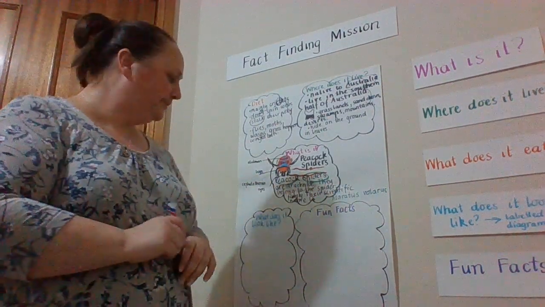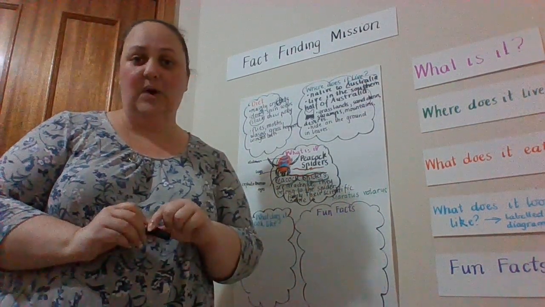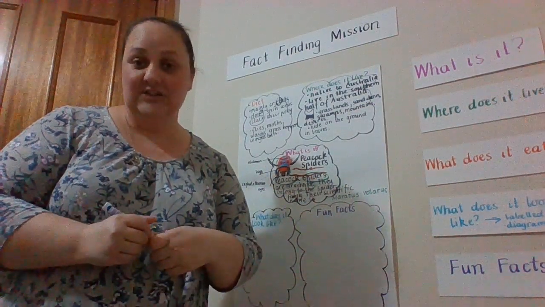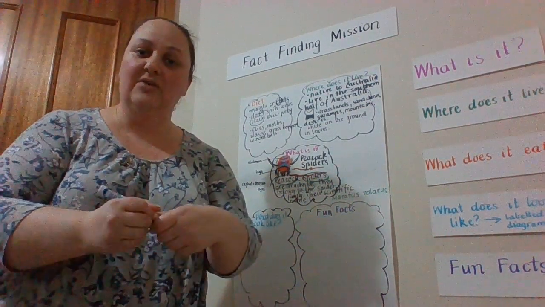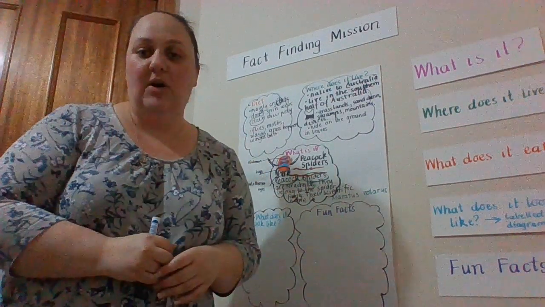Okay, so peacock spiders are as big as a grain of rice, so they're actually quite small. So I'm going to write that peacock spiders are tiny. They are as big as a grain of rice, but I don't have room to write full sentences, so I'm going to pop the dot points in.